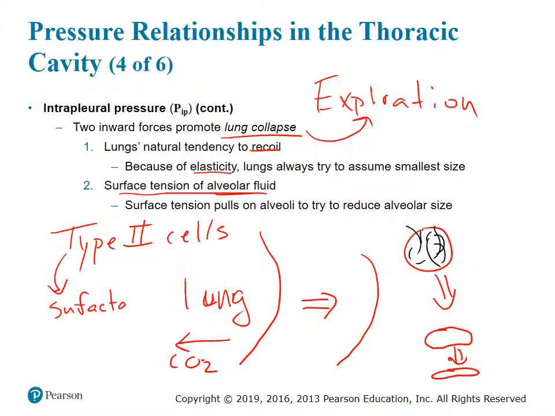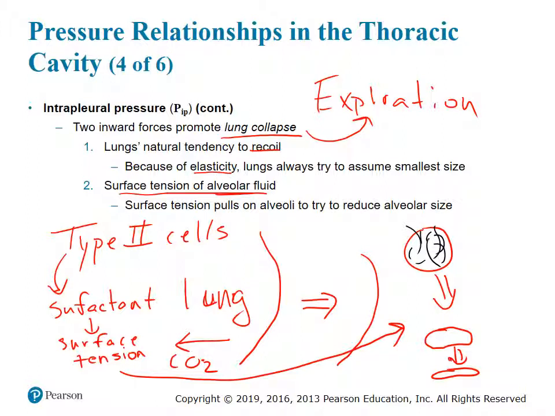They secrete that surfactant, which helps with surface tension. The surface tension actually helps pull the alveoli to decrease in size, so they promote this as well.